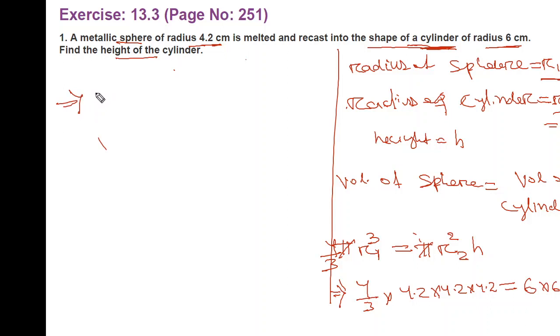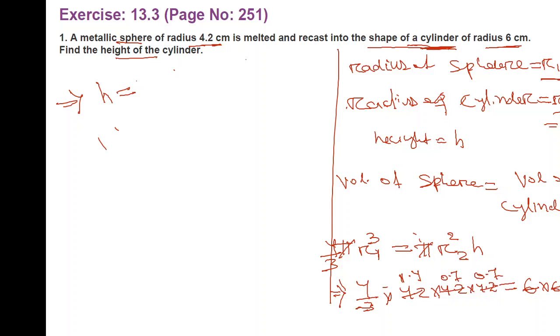So here you can cancel some things, you can cancel 3 and all these things, then finally we can find h. We cancel 3, 3, 1, it will be 1.4, then similarly you can cancel 6, here this 6 will be cancelled with 0.7.